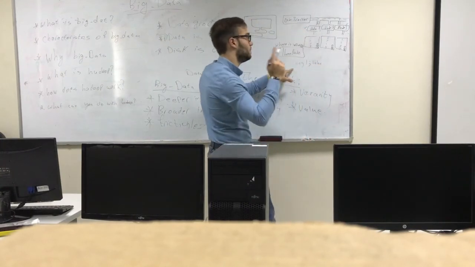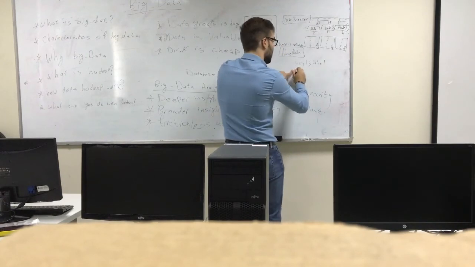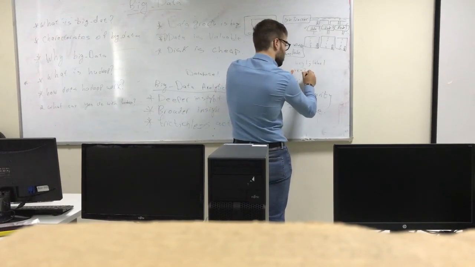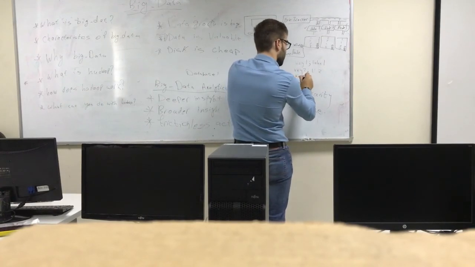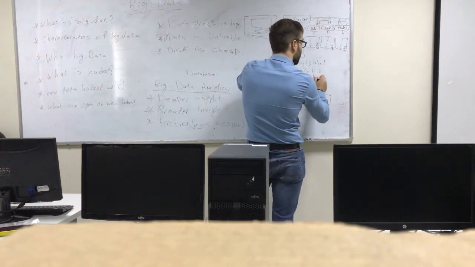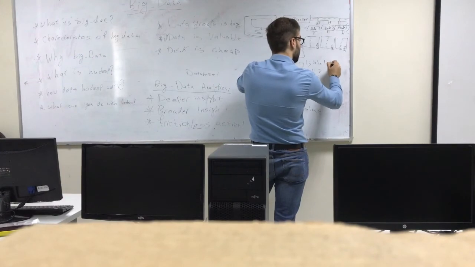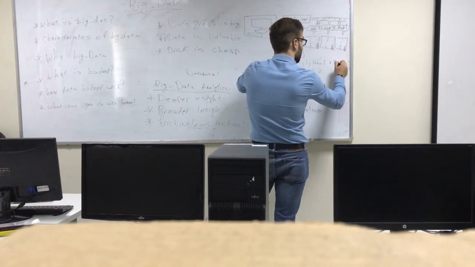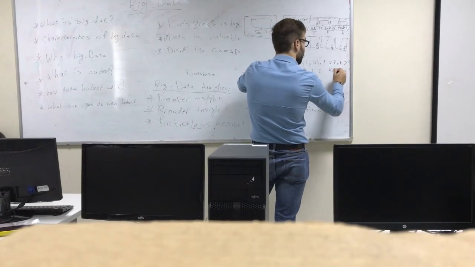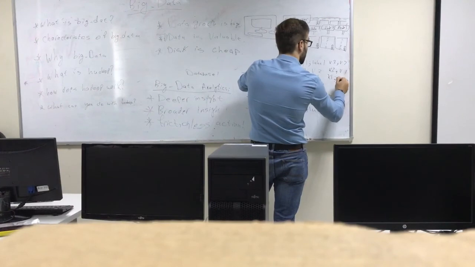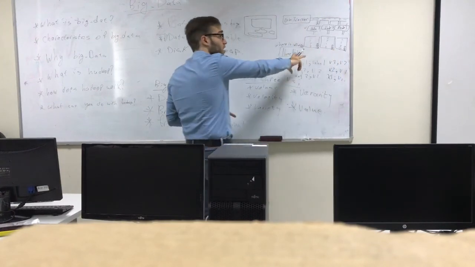In this case, it has been repeated once, so the value is 1. Key 2, value 2, since it has been repeated twice. Key 3, value 1. Same for node 2: key 3, value 2, actually, since it has been repeated twice. Key 2, value 1, key 1, value 1. The same goes for node 3.